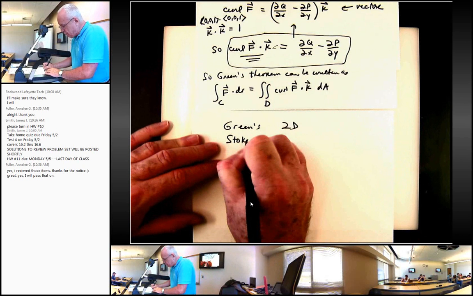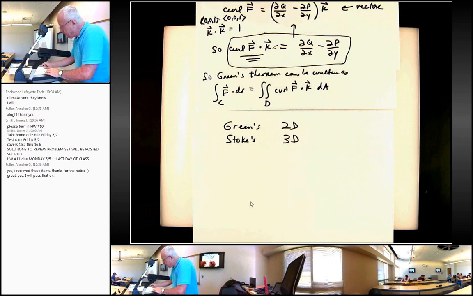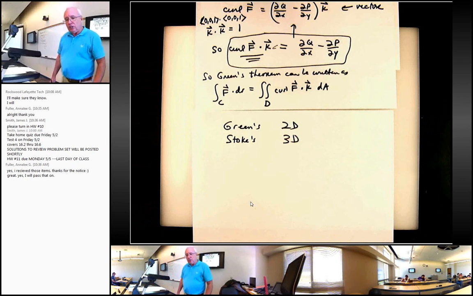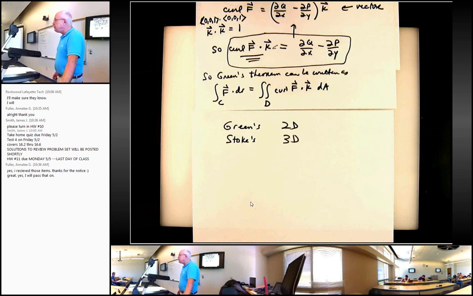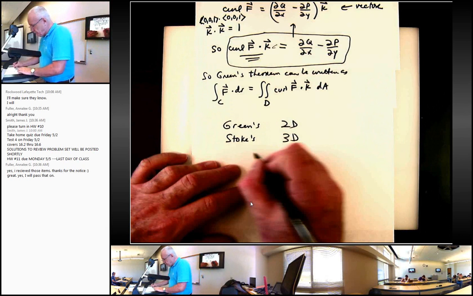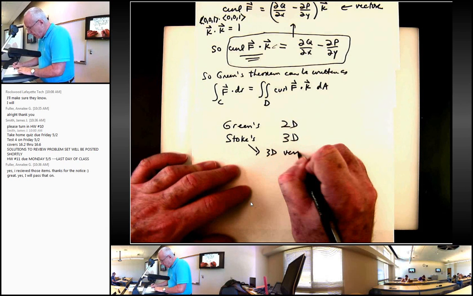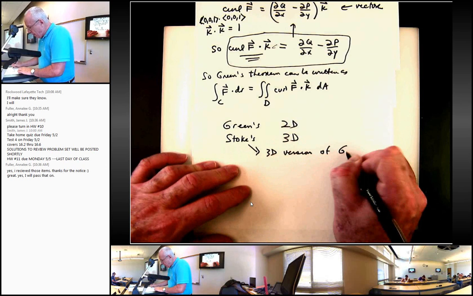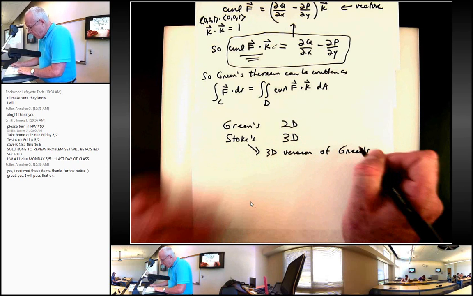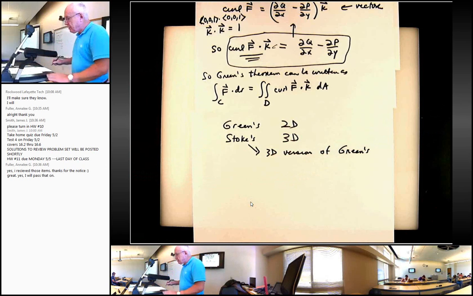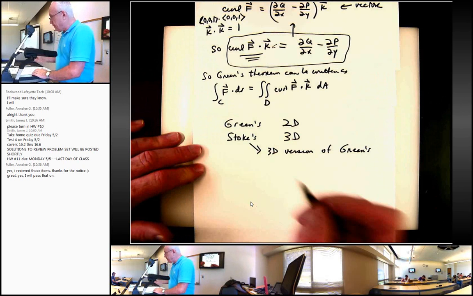Stokes, that I'm going to write down in just a second, is 3D. It's essentially a 3D version of Green's theorem. All right. So this is Stokes' theorem in very much a nutshell.